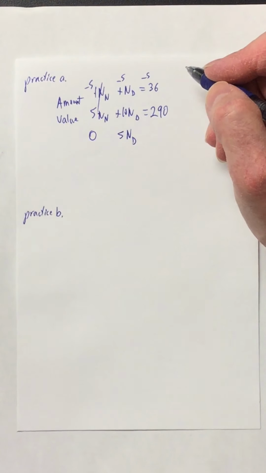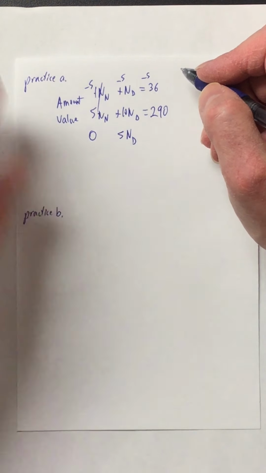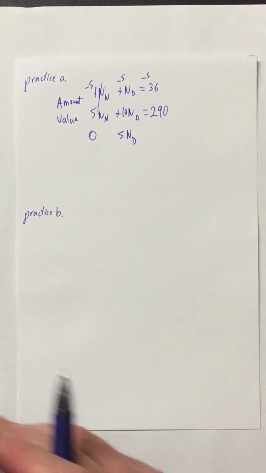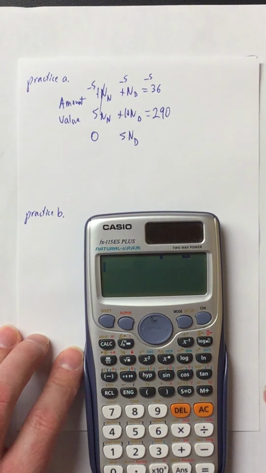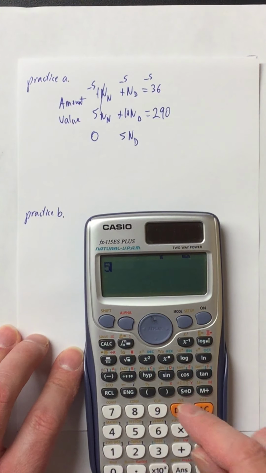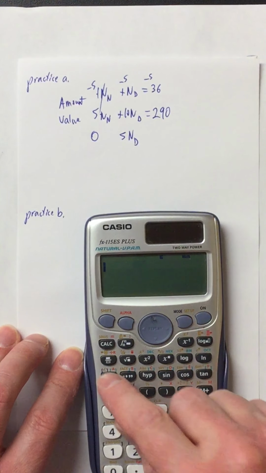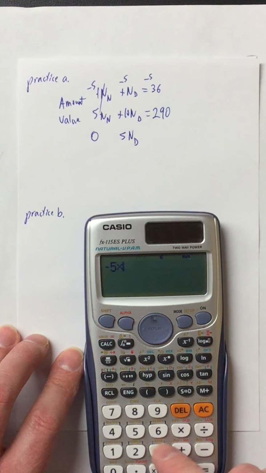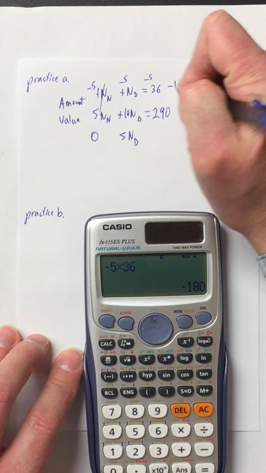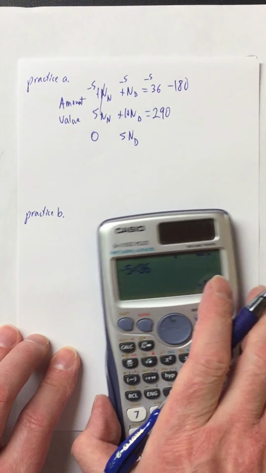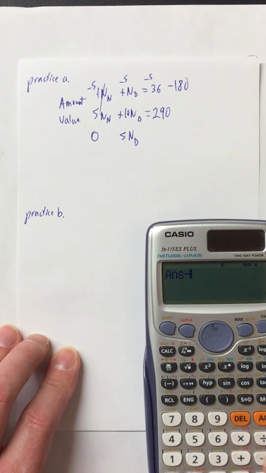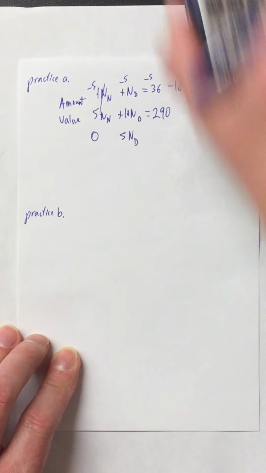And then now over here, -5 times 36. I actually grabbed my calculator this time. -5 times 36 equals -180 for that. And if I subtract 290, I did that wrong.